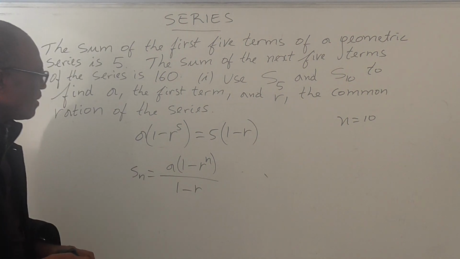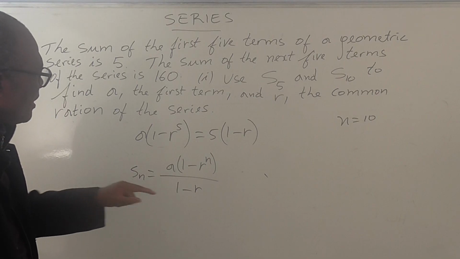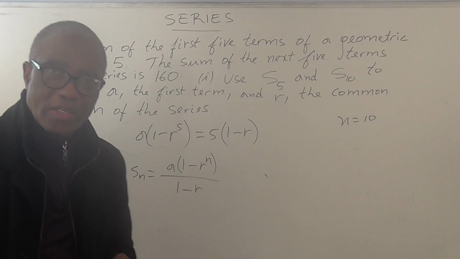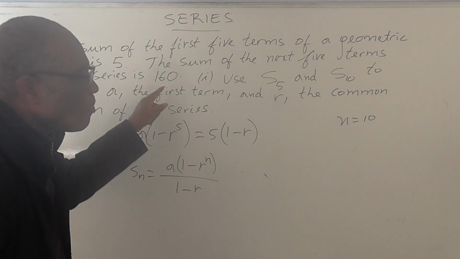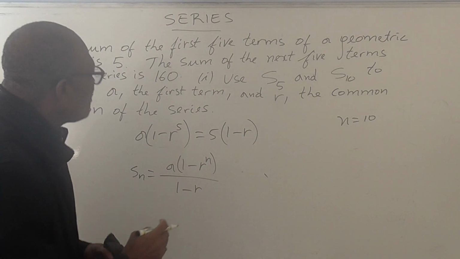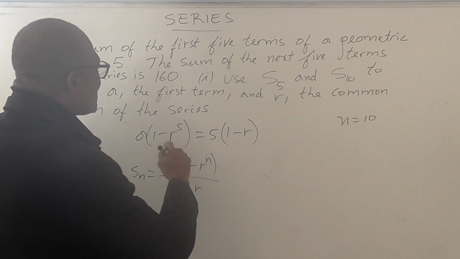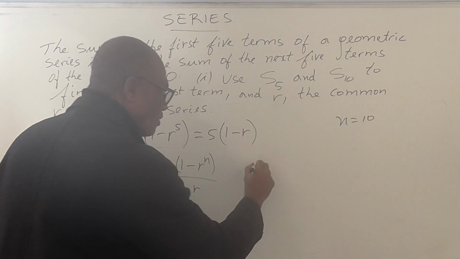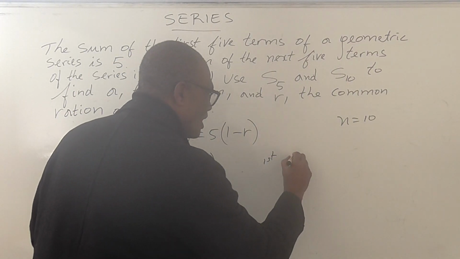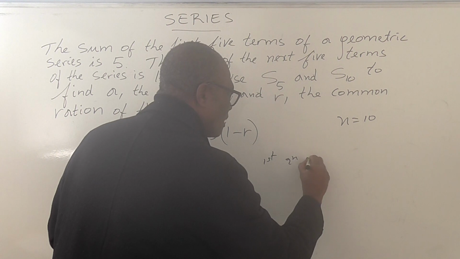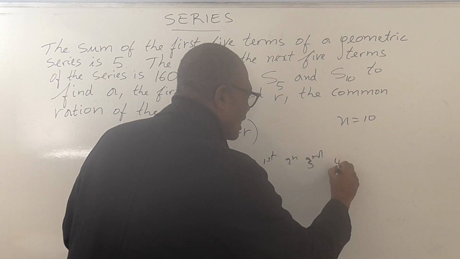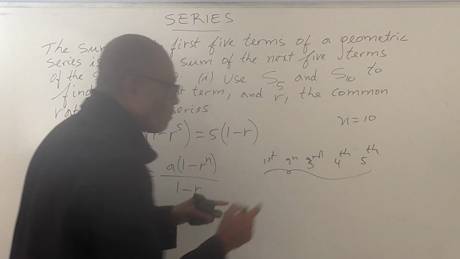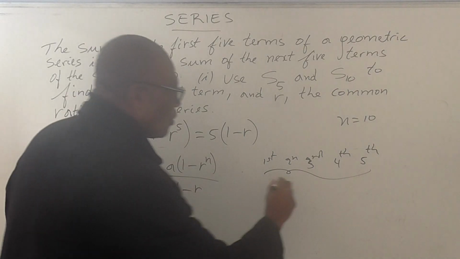So here for the next, they say the sum is 160, but we need to understand that the sum 160 is only for the next 5 terms. The sum of the first term, second term, third term, fourth term, fifth term, so the sum of the first 5 terms was 5.